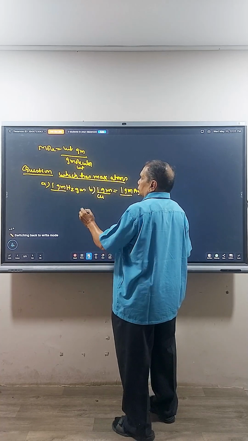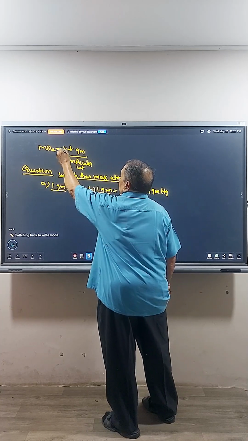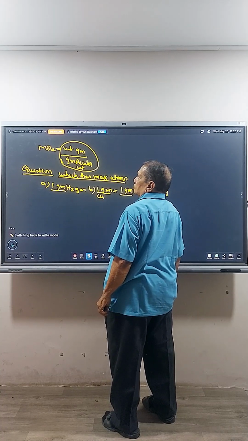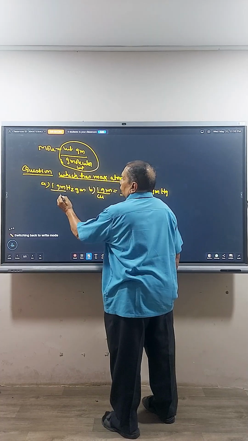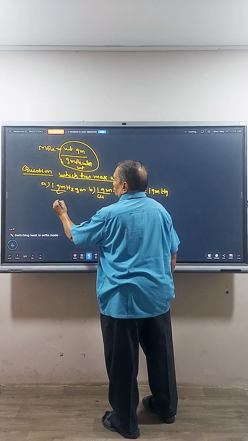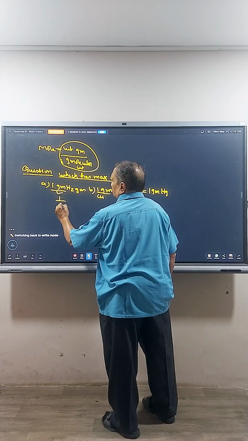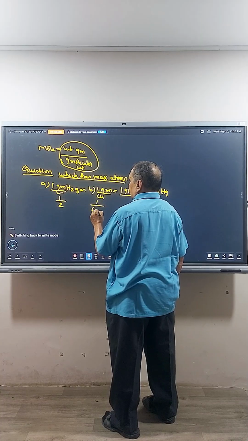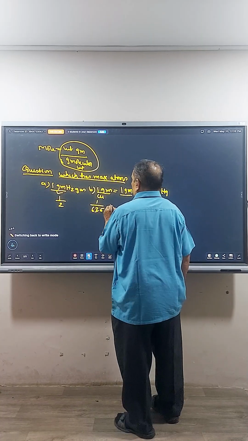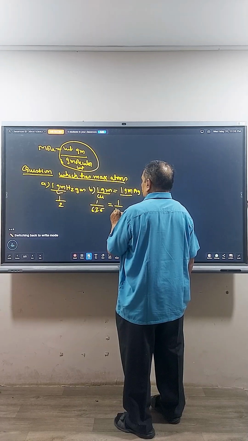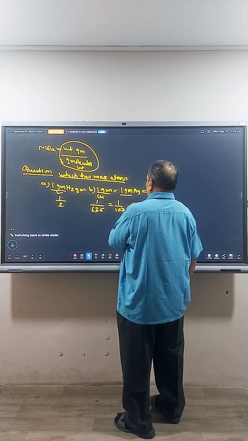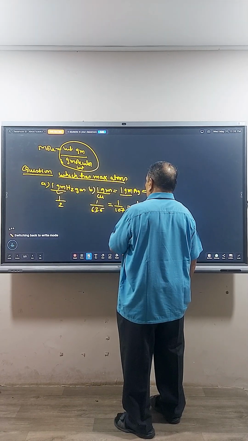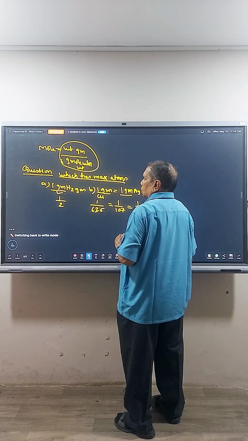Now see this thing. The formula is this. Each of them is 1 gram. So in this case, 1 upon 2, this is 1 upon 63.5, this is 1 upon 107, and this is 1 upon nearly 80.